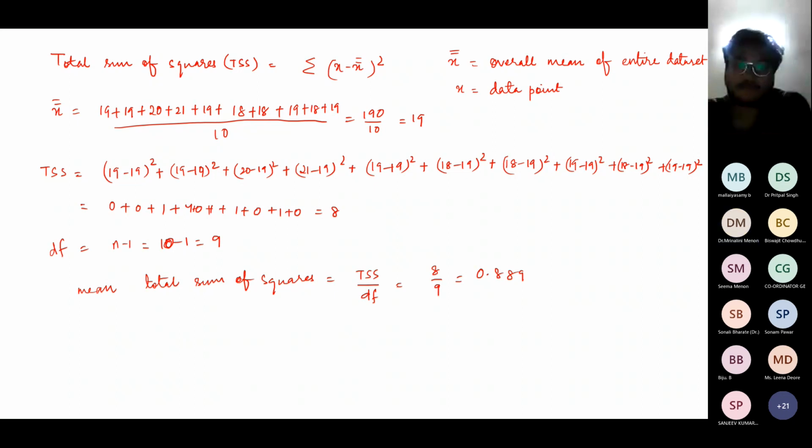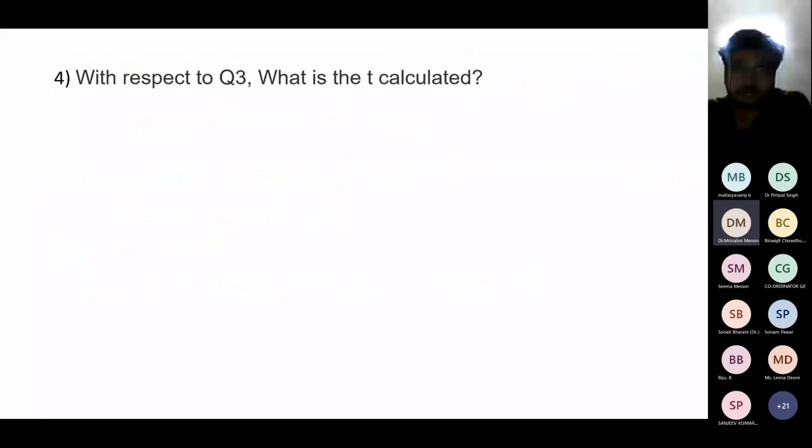And the mean total sum of squares is TSS by DF. Okay, fine. Thank you.